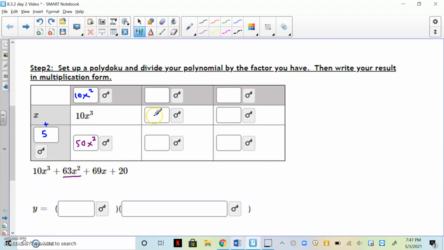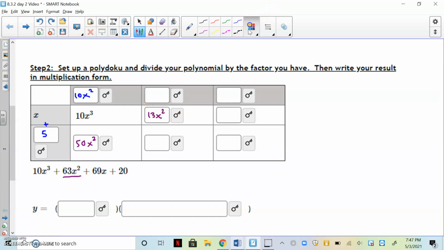And so keeping in mind that the diagonals are always like terms in the Polydoku box, that means we have to ask ourselves, okay, right now we have 50x squared terms, and we need to get to 63. How do we get to 63? Well, we would have to add 13. So I'm going to put a 13x squared in this box, okay, because I know that when I add these two boxes together, I need to equal this number.